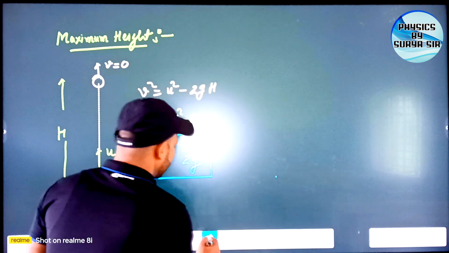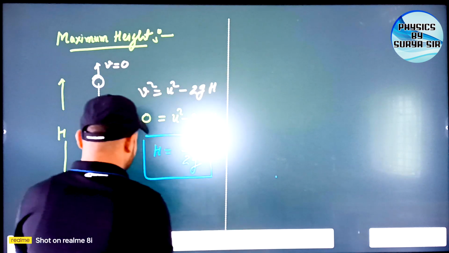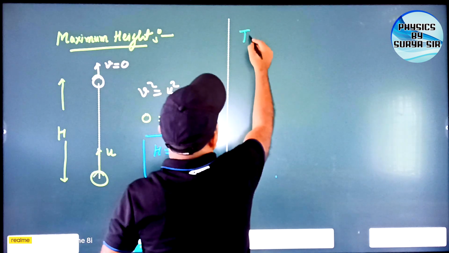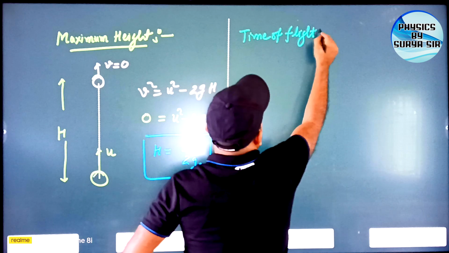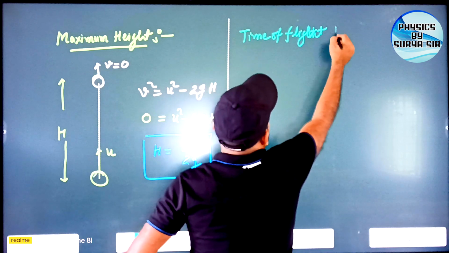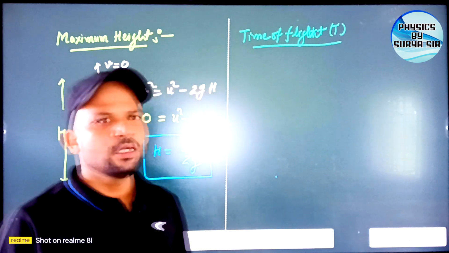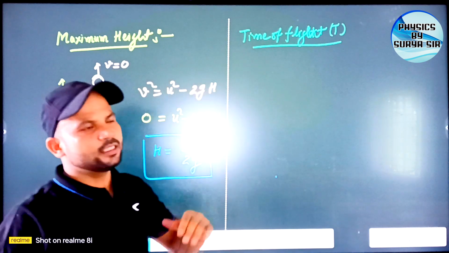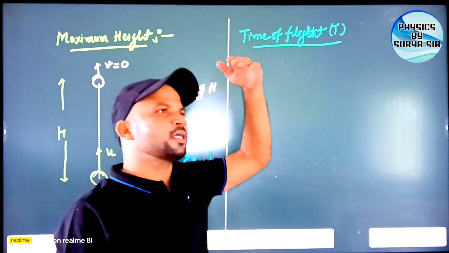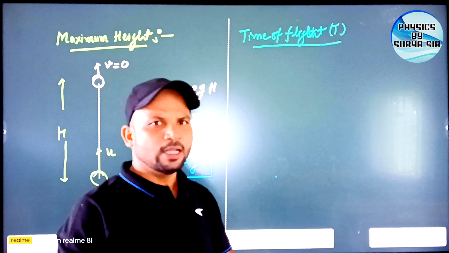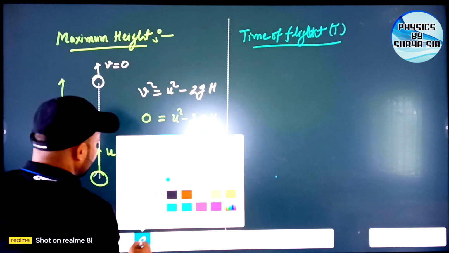Now see, what is the time of flight of the object? Once the object is released in the upward direction, it will move to the maximum point where its final velocity is 0, and it will start falling downward and reach the ground.